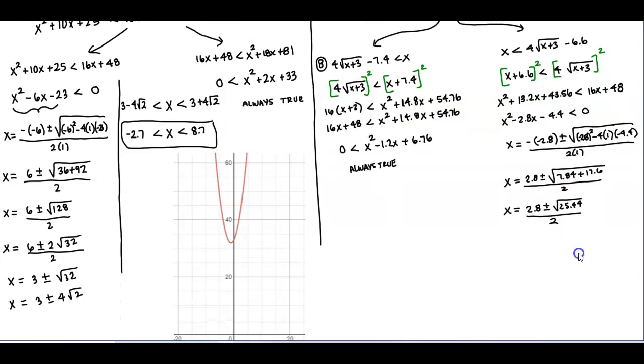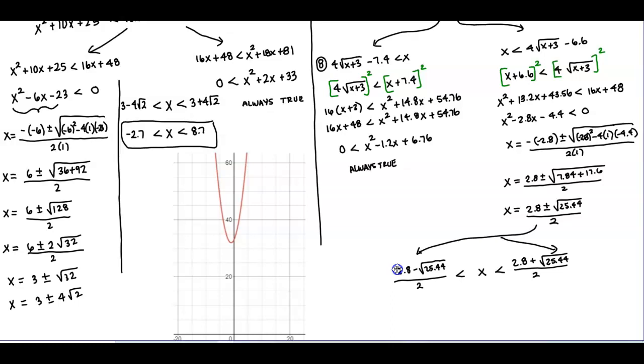What that means is that these two are going to be in the interval, and that interval is 2.8 minus the square root of 25.44 over 2, which is less than x, which is less than 2.8 plus the square root of 25.44 divided by 2.